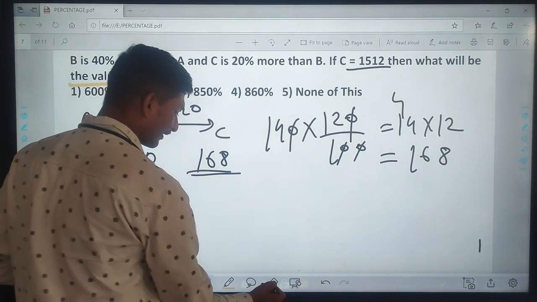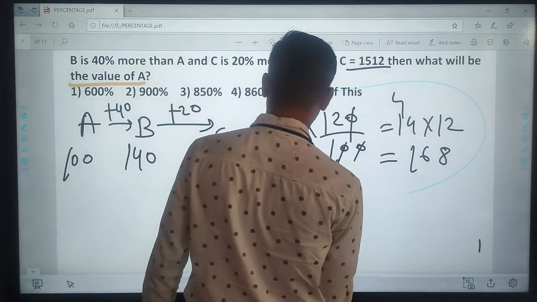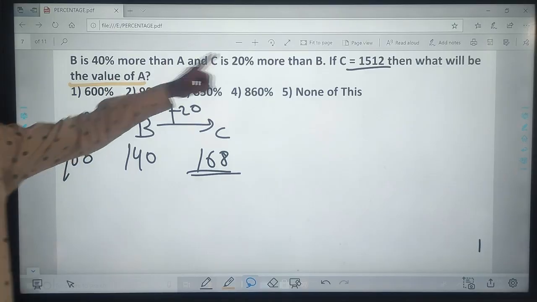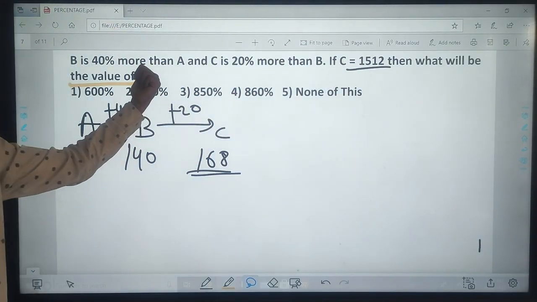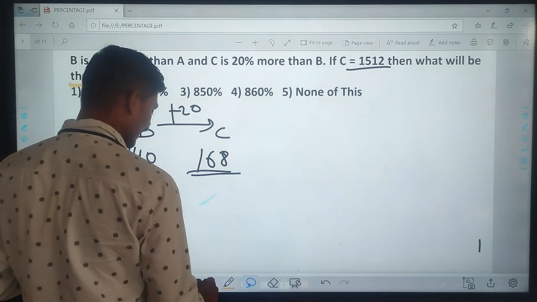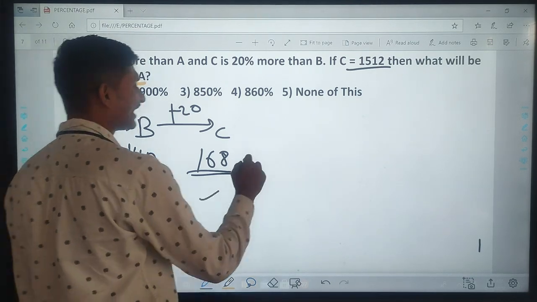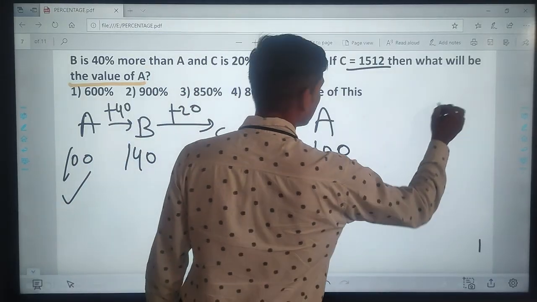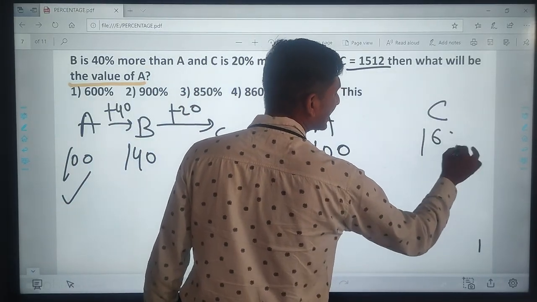Now here we take these two values. C is given and we find A. Now we take only C and A. Here A is 100 and C is 168.